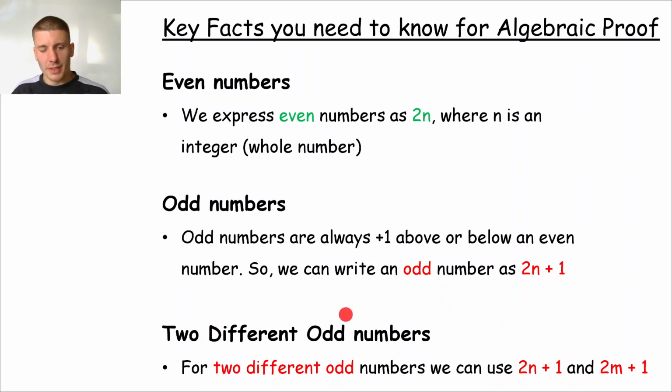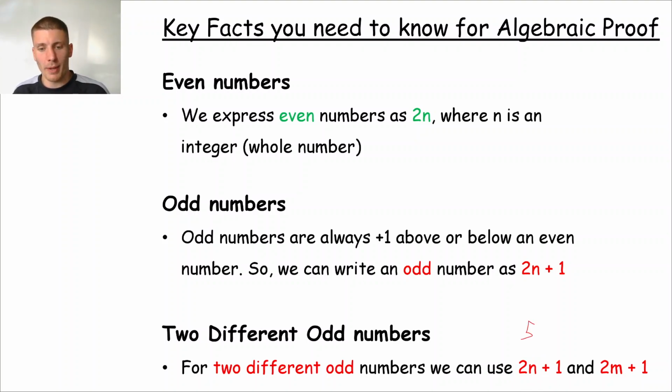For different odd numbers, okay, for 2 different odd numbers, we can use different letters, and this is important. So if you want one odd number, you can use 2n plus 1 or minus 1, that is fine. For a different odd number, we can write it as 2m plus 1, for example, because let's just say that n was equal to the number 2. For example, 2 times 2 is 4, add 1 is equal to 5.